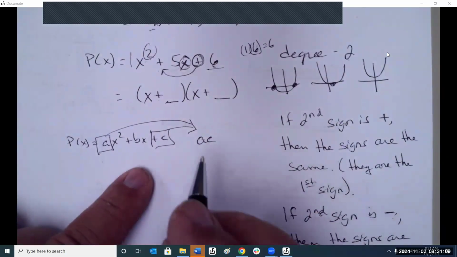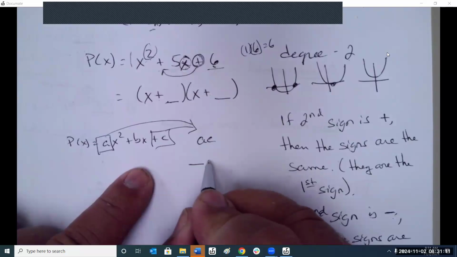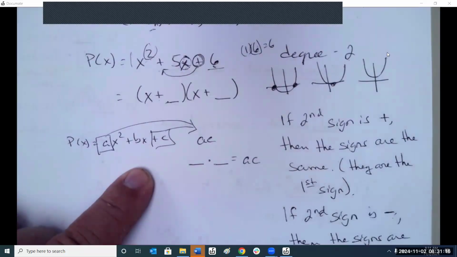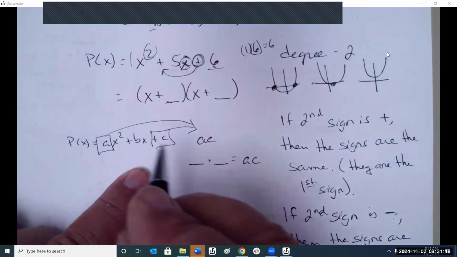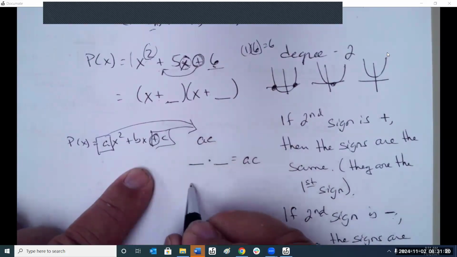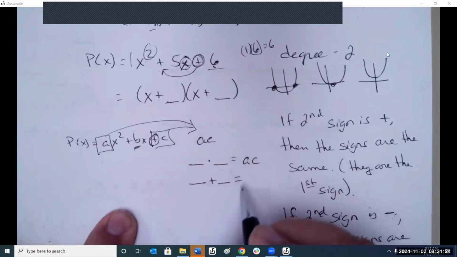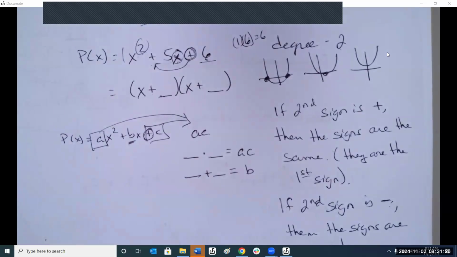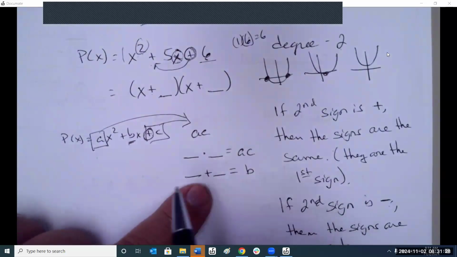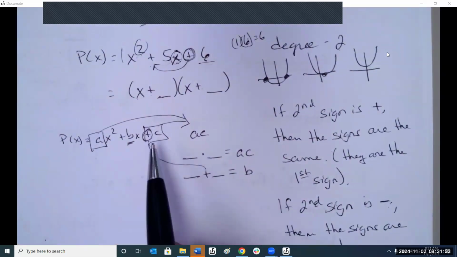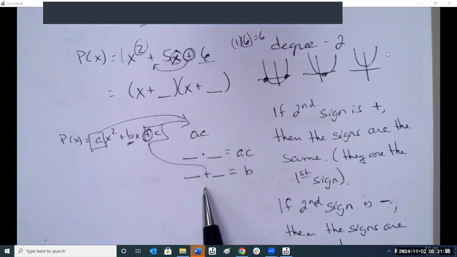So next what we're going to do is figure out what two numbers multiply to give you A times C, that when you add them, you get the B value in the middle. Why is it add? Because this second sign is add. If it was a minus, that would be a minus.